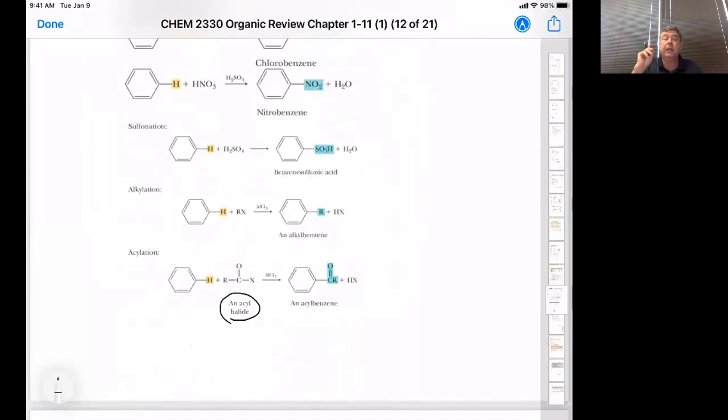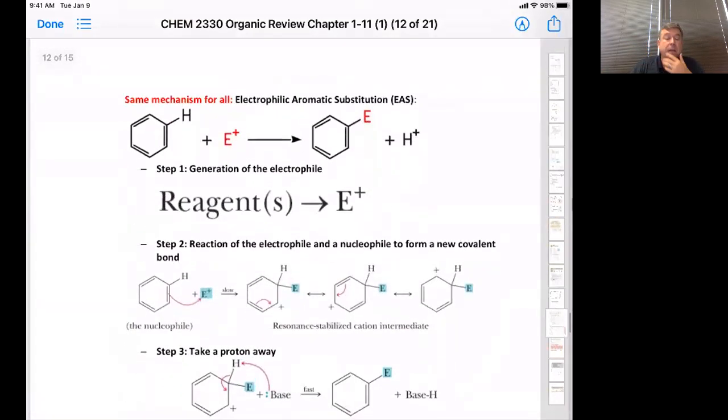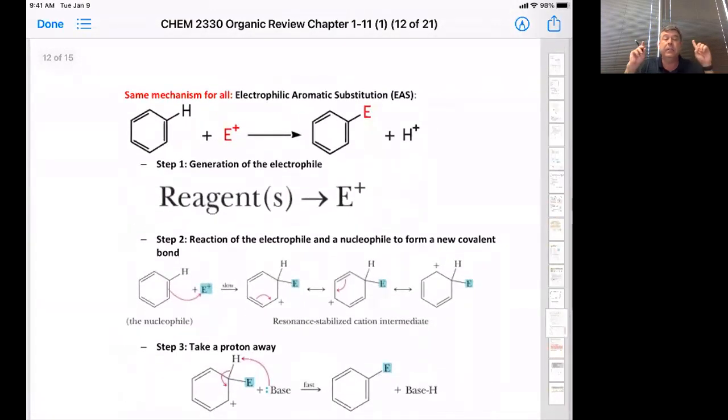But they all require a catalyst right here. They all require a Lewis acid catalyst because the first step is to generate that positively charged electrophile. So in the case of chlorine, we had to use aluminum chloride to create a positively charged chlorine. In the case of nitrating, we had to create a positive charge on nitrogen. So that's the first step in every single one of these.